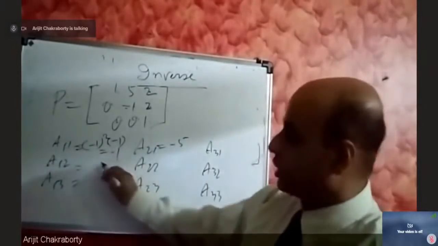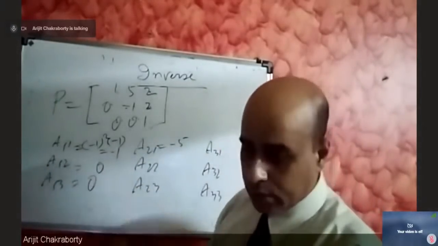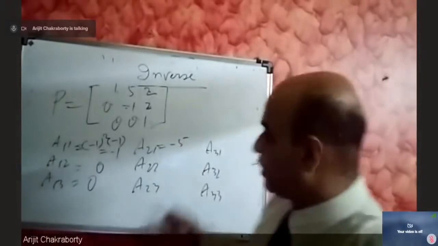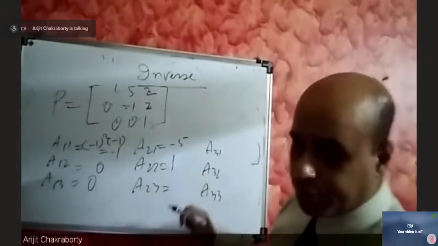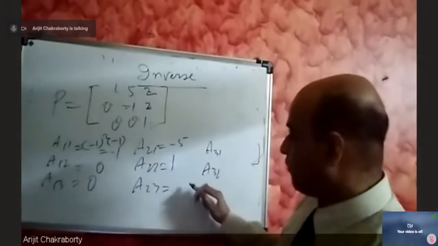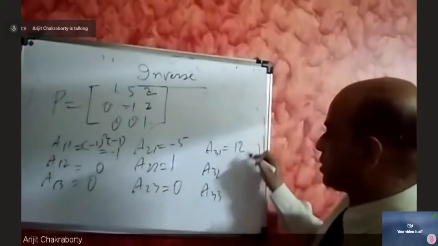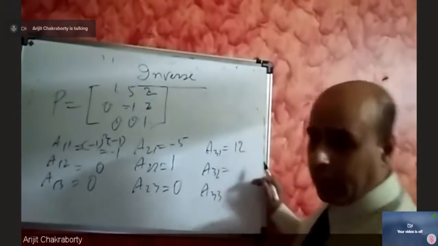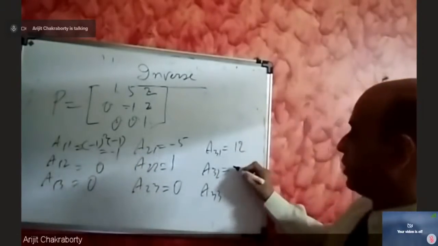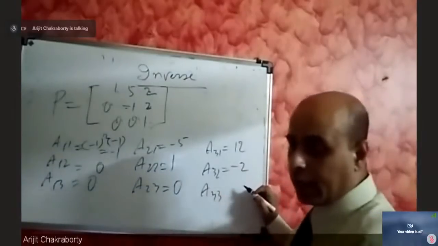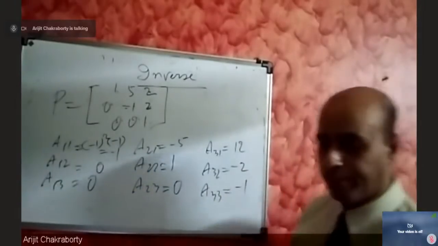A12 is coming to 0, A13 is coming to 0, A22 is coming to 1, A23 is coming to 0, A31 is arriving, the number is 12, if you solve it. A32 is minus 2, and A33 is minus 1. Okay.